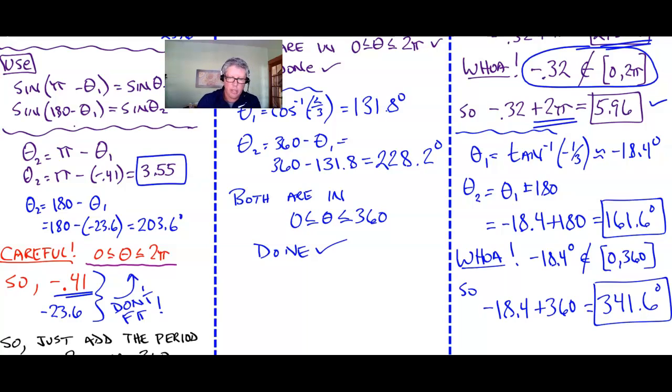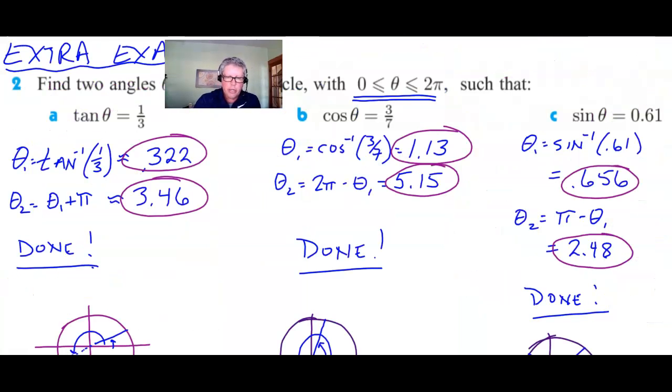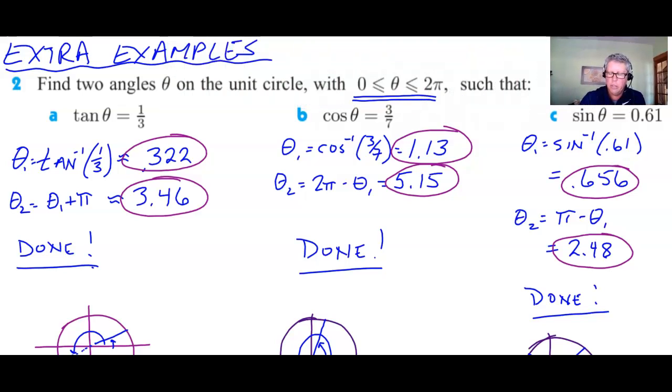All right. So here are some extra examples. Feel free to have these downloaded, or maybe you could pause right now. They are two-steppers. Find the first angle, find the second angle. They all fit. Life's good.